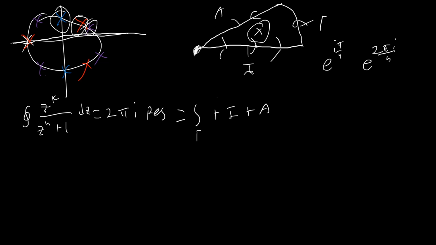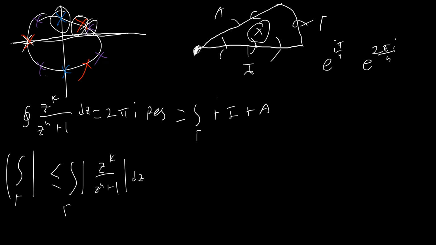So we're going to have the gamma integral. Okay, we'll use the ML inequality. So the absolute value of the gamma integral is less than or equal to the length of the integral, which in this case is going to be, we're going from theta equals 0 to theta equals 2 pi over n, right?